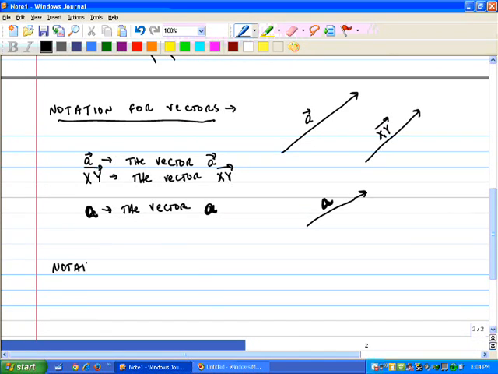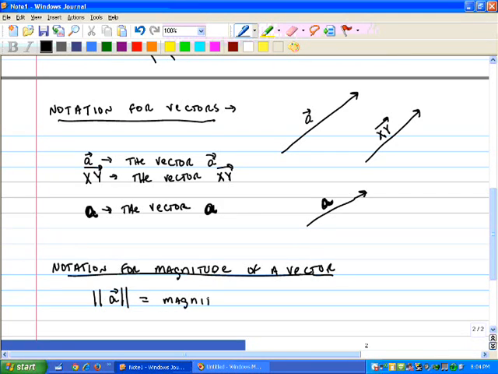Notation for the magnitude of a vector is sort of like a double absolute value around the letter or the name. This is the magnitude of the vector A. Another important thing to know about the magnitude of a vector is the magnitude is always positive.